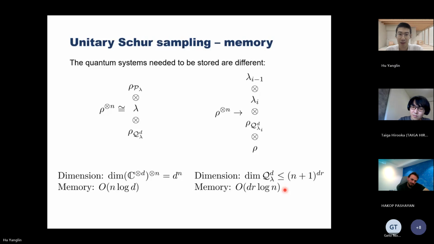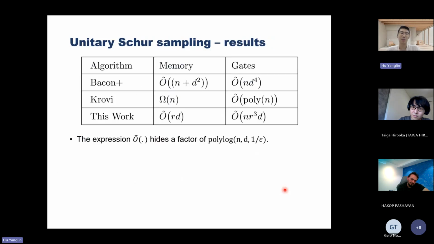Okay, so that's it. So maybe we just compare all the previous algorithms and the streaming Schur algorithms. Previously we have Bacon's algorithm on unitary Schur sampling. Their memory is n plus d squared, and the gate is n times d to the power 4, and for Crovey, the memory complexity is omega n, and the gate is polynomial of n.